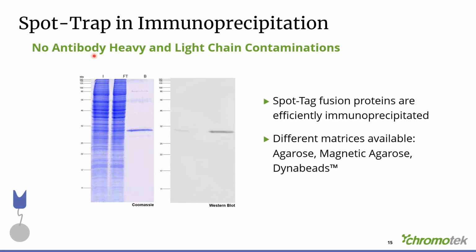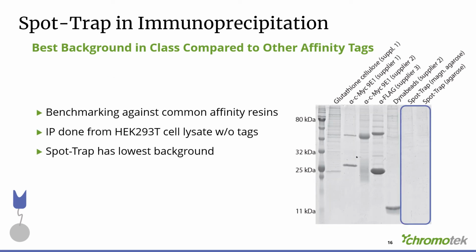I would like to stress the point that there is no heavy and light chain contamination of an antibody, which you would have when you use a FLAG tag and do the pull-down using a conventional FLAG antibody. The Spot-Trap and the Spot-Tag have the best background in class compared to other affinity tags.